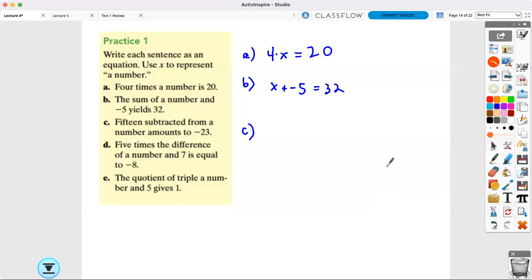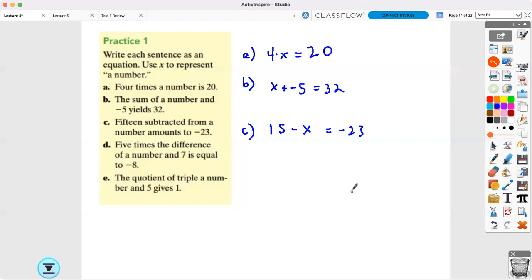C. Who would like to share what they got for C? Now remember, if I don't get anyone to volunteer, I will call on someone. So take your pick. 15 minus x equals -23. You said 15 minus x equals -23. Is that what you got?